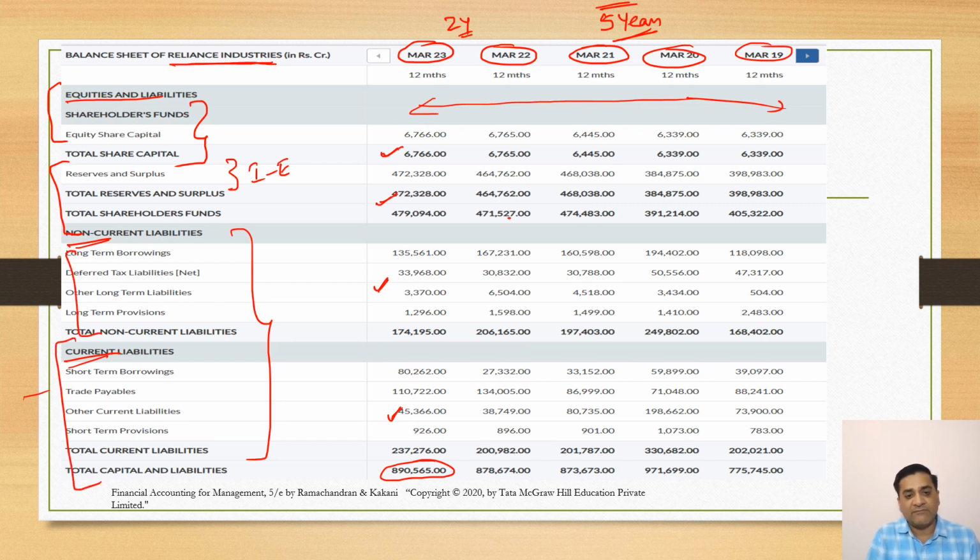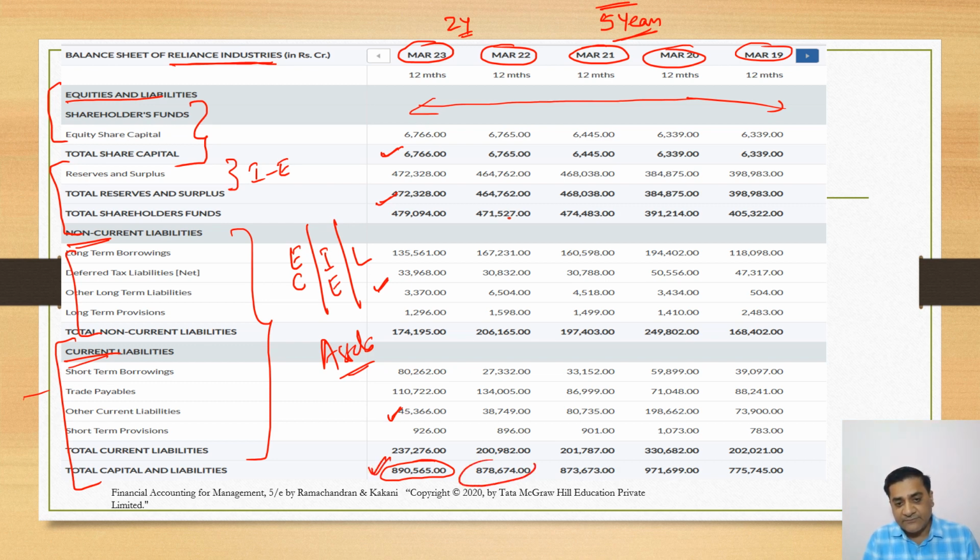So here you have equity or capital, you have income and expenditure, you have liability. What remains is assets.